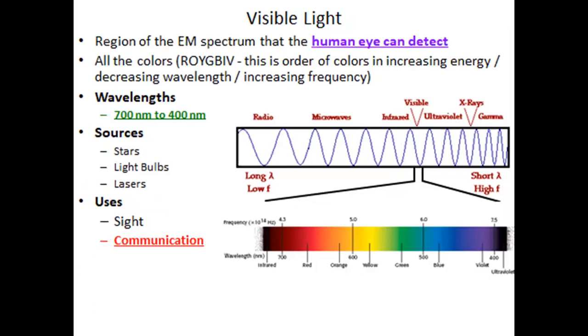Visible light, there's nothing much to say. We know more about it and we've seen it. The wavelength of the visible light is 4 into 10 to the power minus 7 meters to 7 into 10 to the power minus 7 meter. And the frequency ranges from 7 into 10 to the power 14 hertz to 4 into 10 to the power 14 hertz.